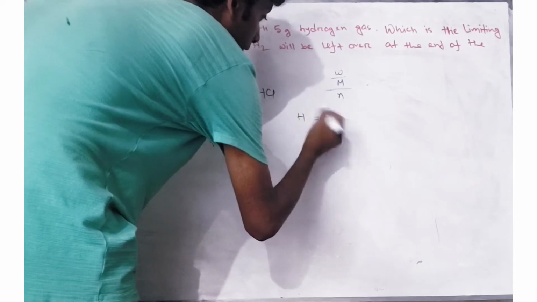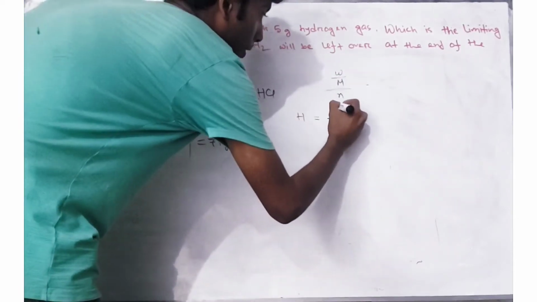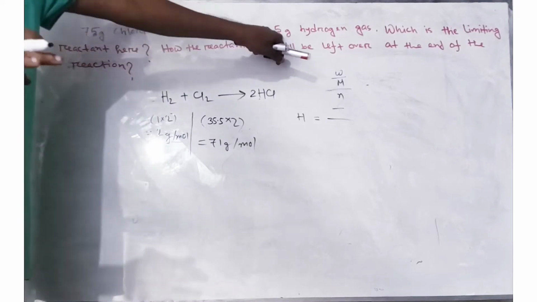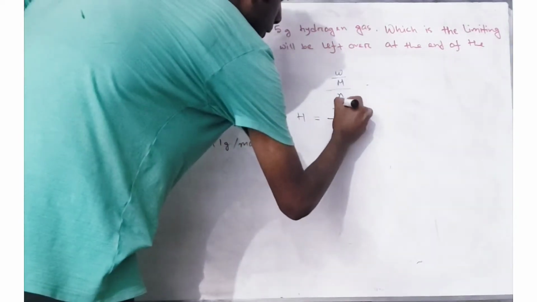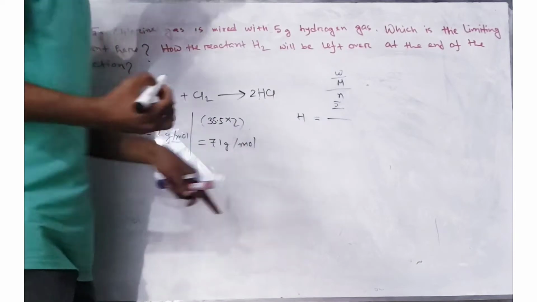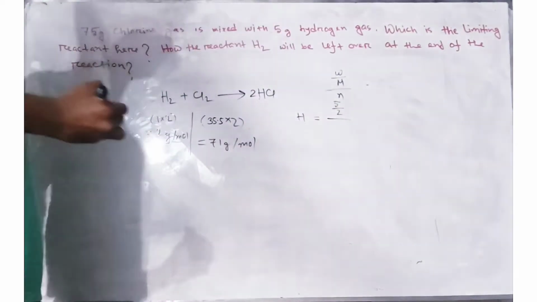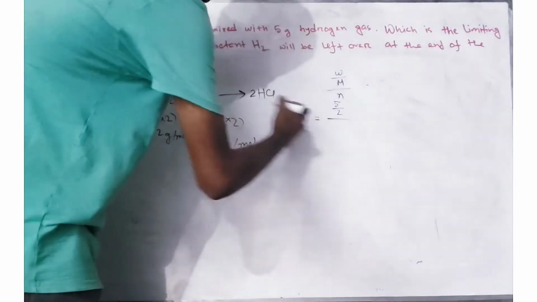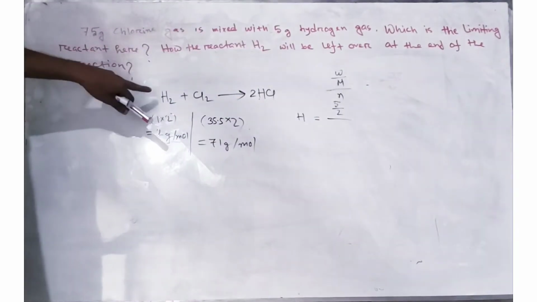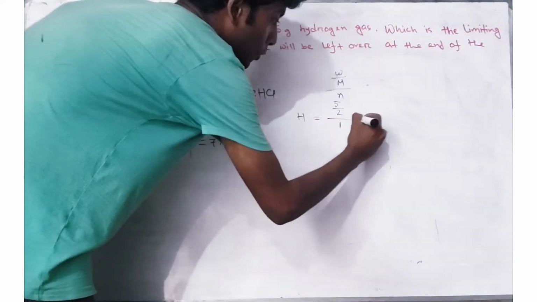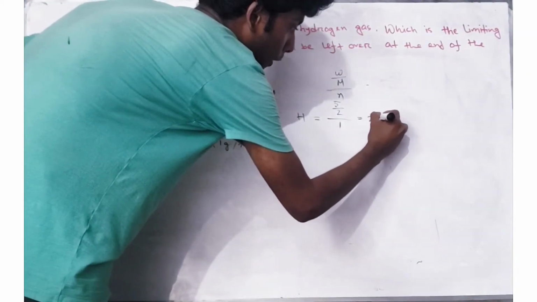For hydrogen, W is the given weight, 5 gram, and the molecular mass of hydrogen is 2 gram, and the mole number is 1, so we get 2.5.